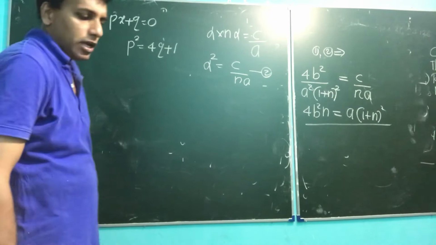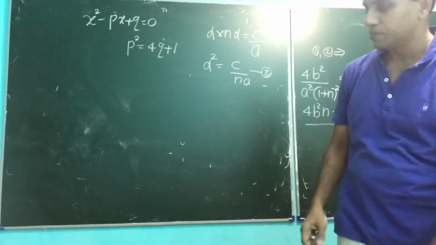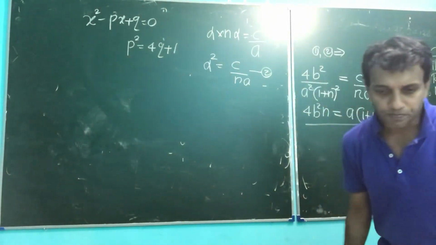Show that p square equal 4q plus 1. This is the problem.